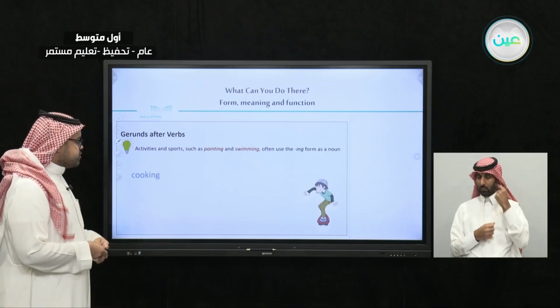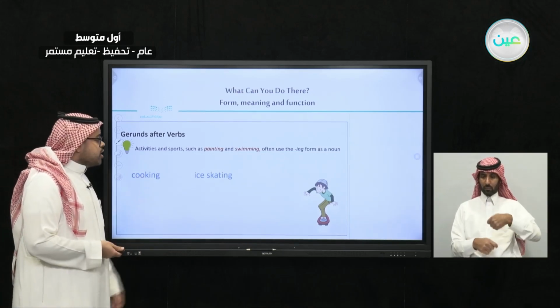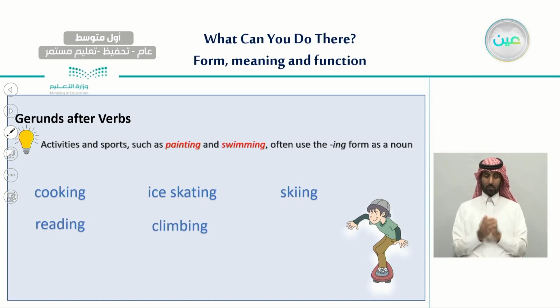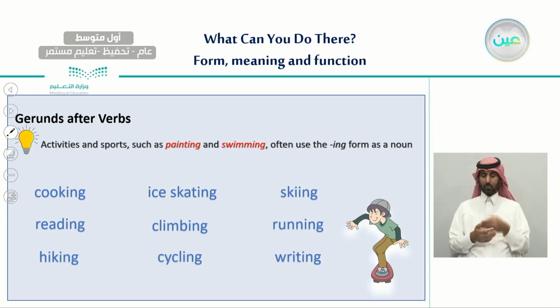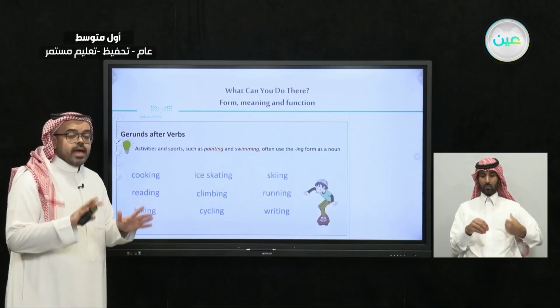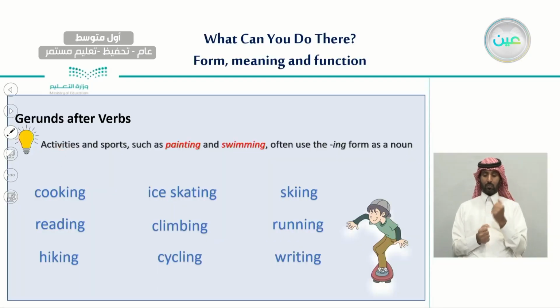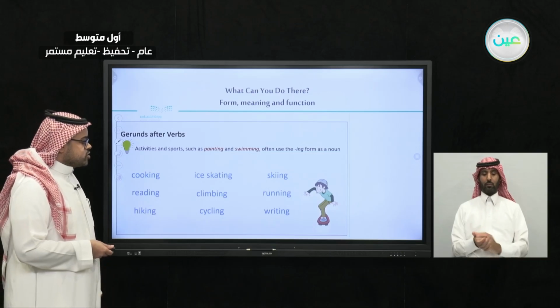Here we can have examples: cooking, ice skating, skiing, reading, climbing, running, hiking, cycling, and writing. All of these are activities that we use as gerunds. Some of them are activities and some are sports. So we can use them as gerunds after the verbs that we have just shown you.